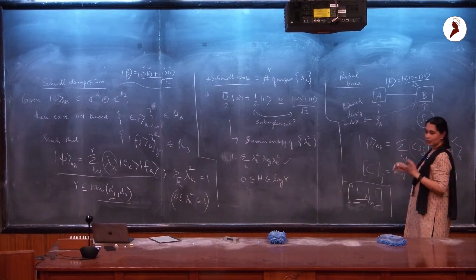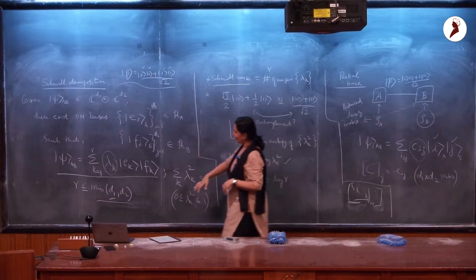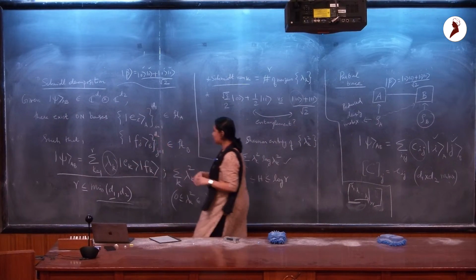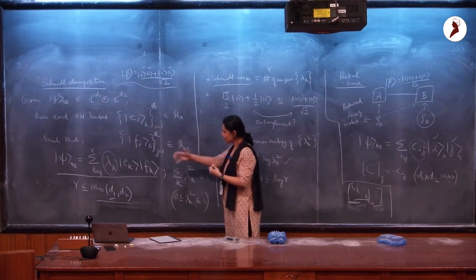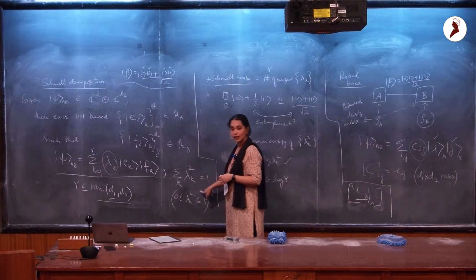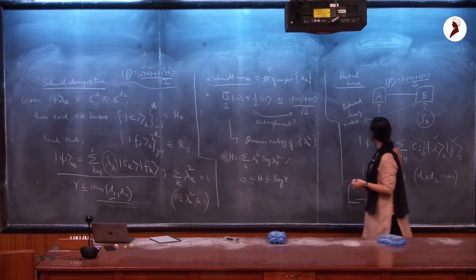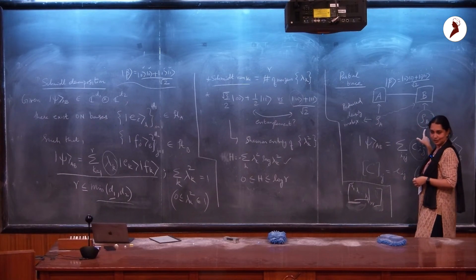Okay? So coming back to the Schmidt, it turns out that when you do this tracing out, these Schmidt coefficients will essentially constitute the eigenvalues of these reduced density matrices.